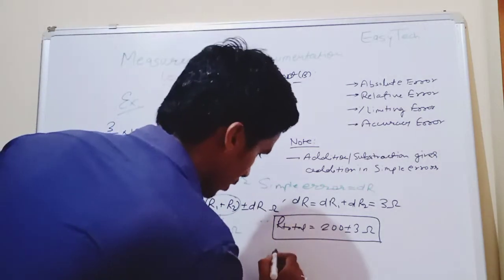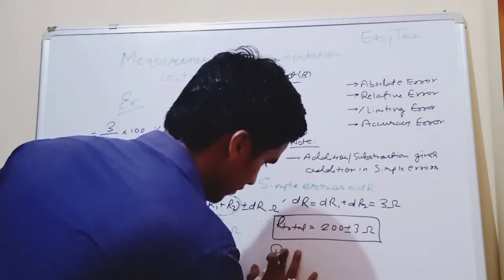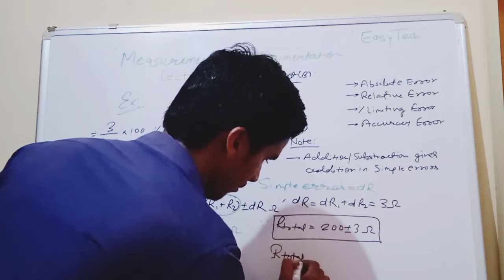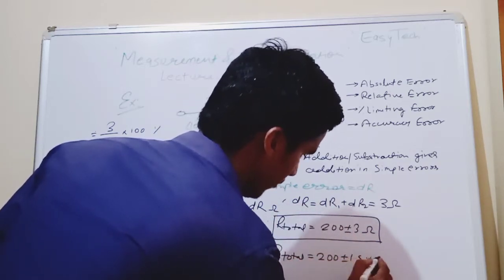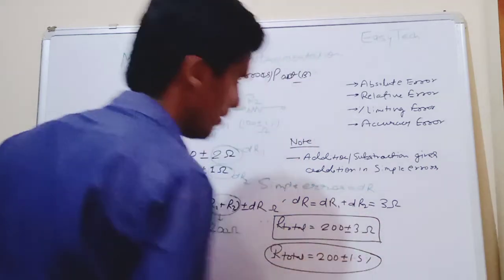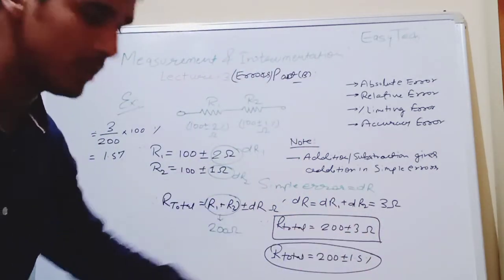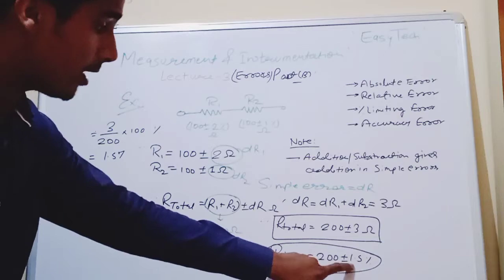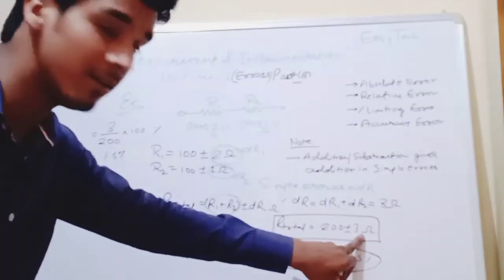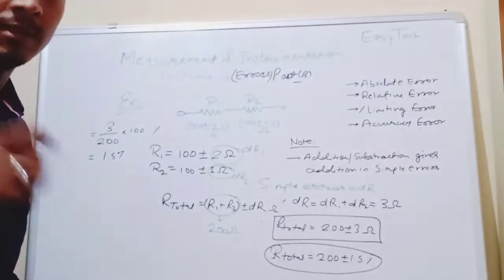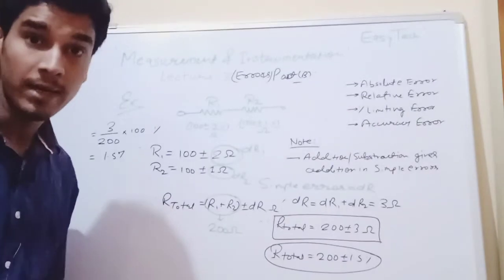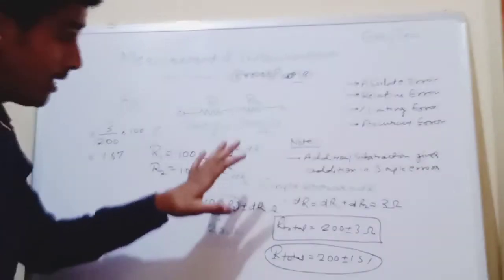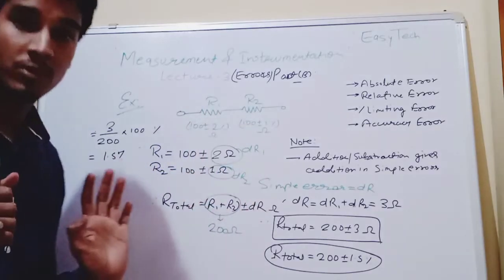So the total resistance will be 200 plus minus 1.5%. This is also true. This is in terms of percentage, and the other is in terms of direct error, that means the simple error. This is the way we handle resistances connected in series.